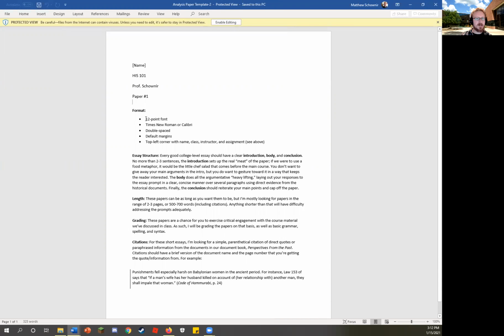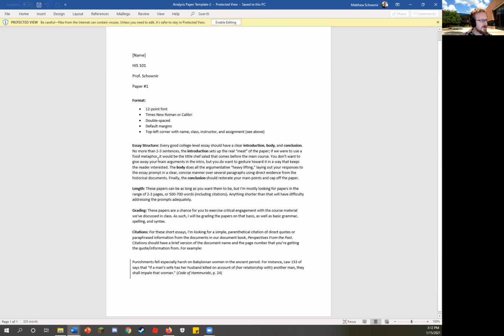The format should be 12-point font, Times New Roman typeface, or Calibri, which I believe is the default now on Microsoft Word, double spaced. Don't mess with the margins; whatever the default is for Microsoft Word, that's what we want.